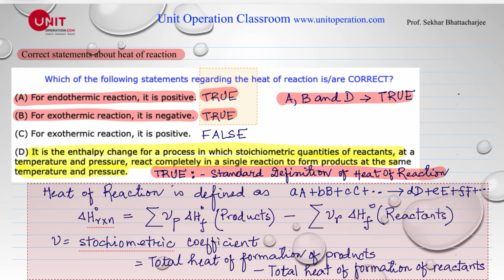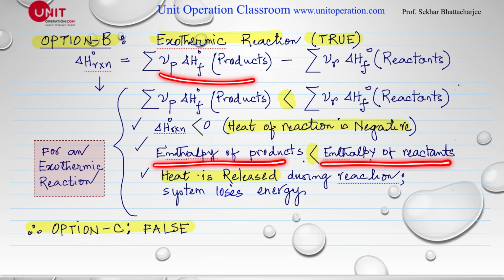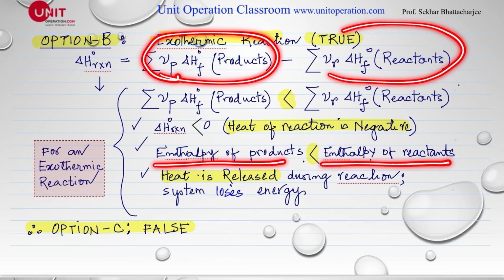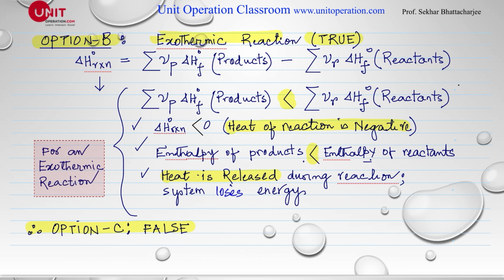Now for the other one, the exothermic reaction, it is negative. Intuitively, for an exothermic reaction, the enthalpy of the product is less than the enthalpy of the reactants. The reactants have a higher enthalpy than the products, so the excess enthalpy will come out, and that is basically an exothermic reaction.